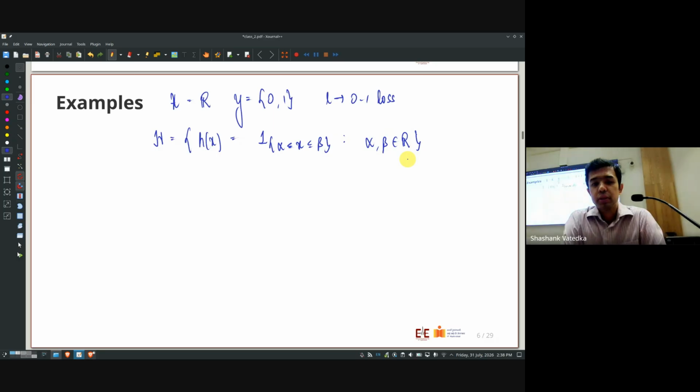This is our hypothesis class. All of our predictors visually look something like this: this is the real line, and your predictor is 1 in a certain interval and 0 everywhere else.